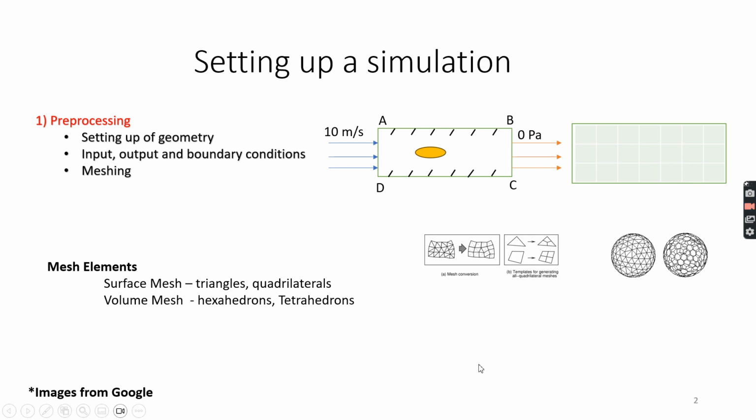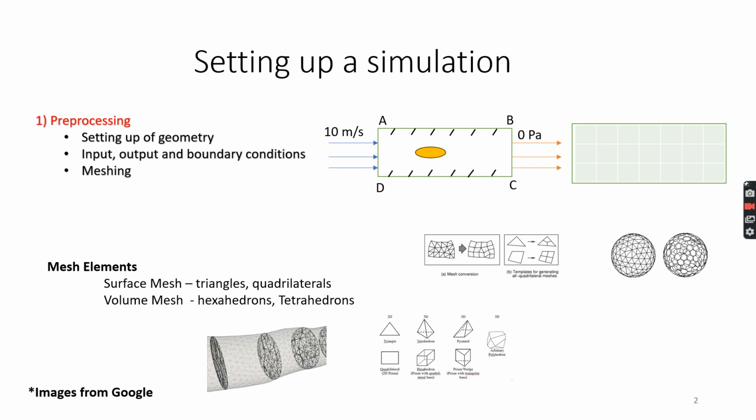As you can see over here, if you simulate a finite cylinder, the cylinder has volume and also a surface. The surface over here you can see is either made up of a surface mesh of triangles, or it is made up of six-sided elements, which is a hexahedron or something like that.